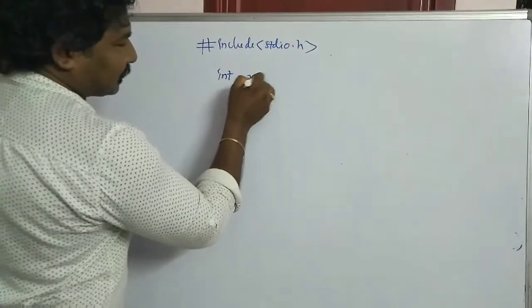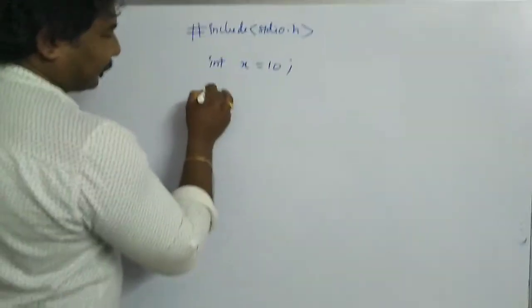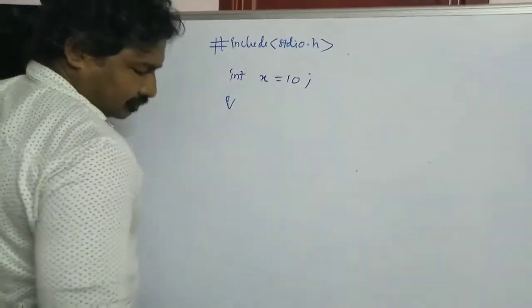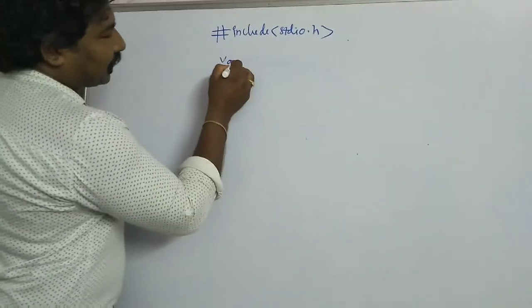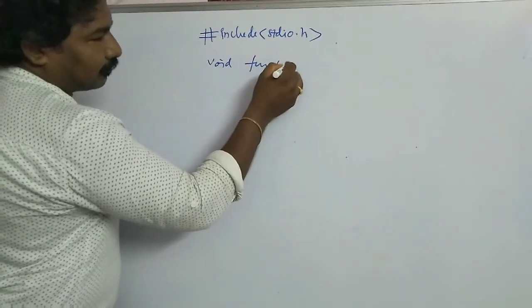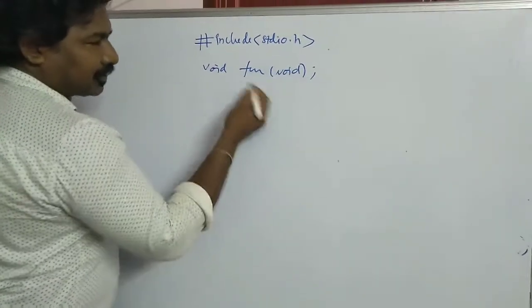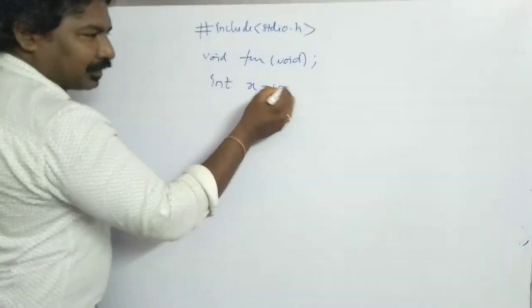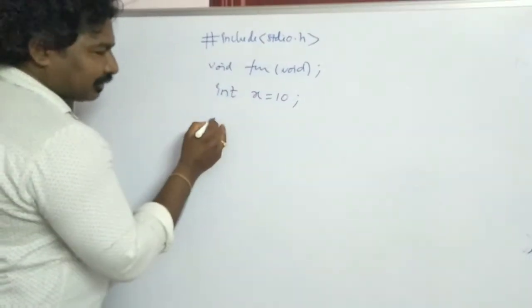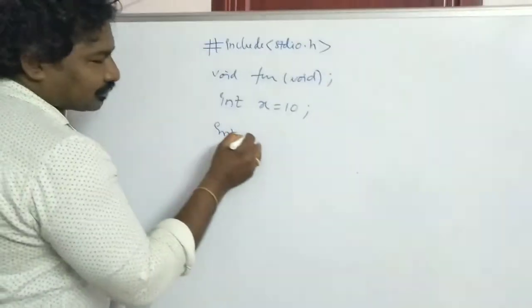A same program like int x equals to 10 here, and there is a, okay, I'll try to give something void fun void. So there is a function called fun here, and there is a variable called x, global variable, because that is outside the main. Okay, so int main.